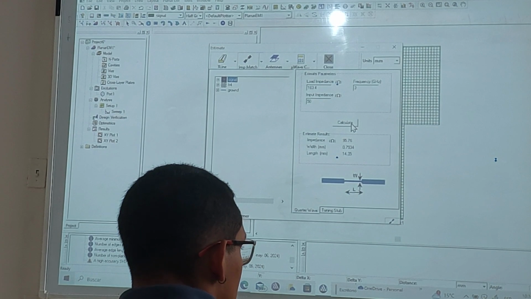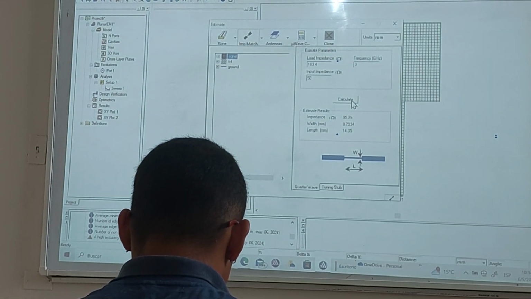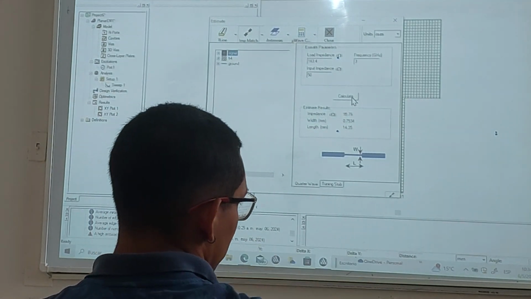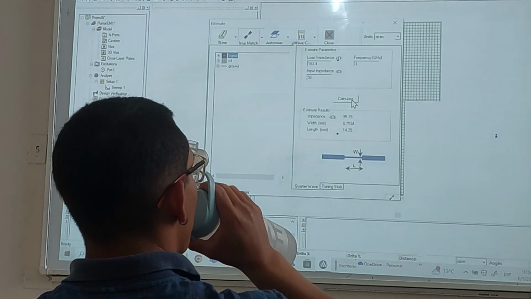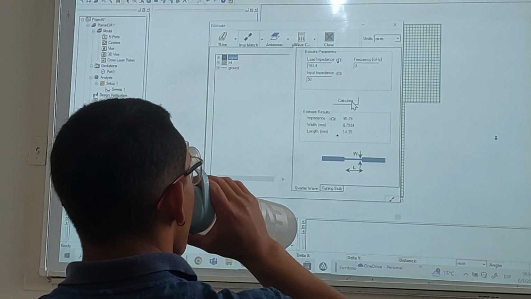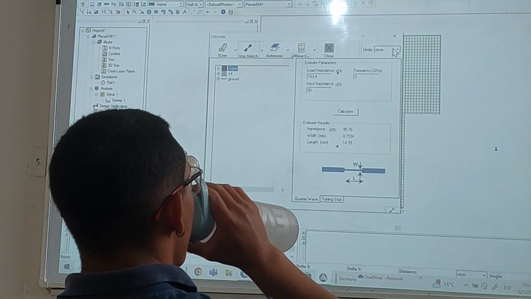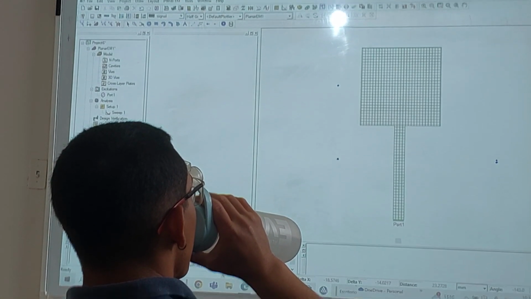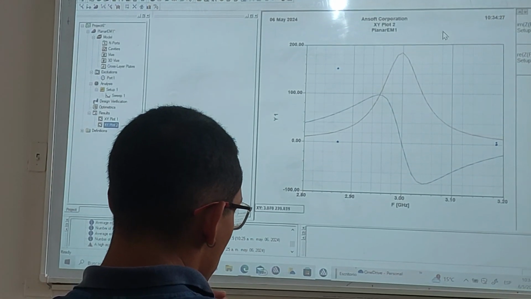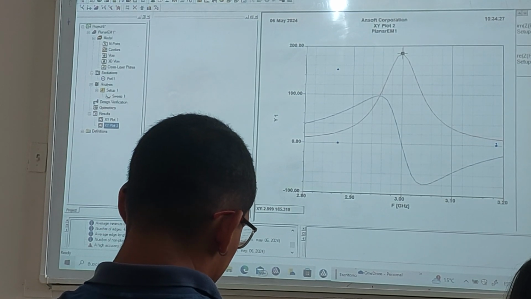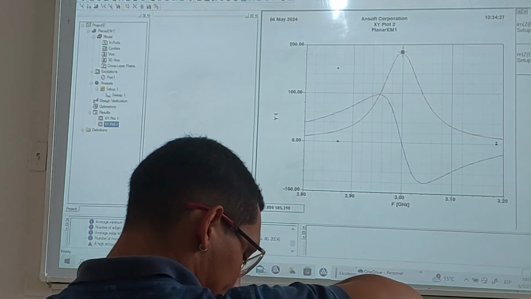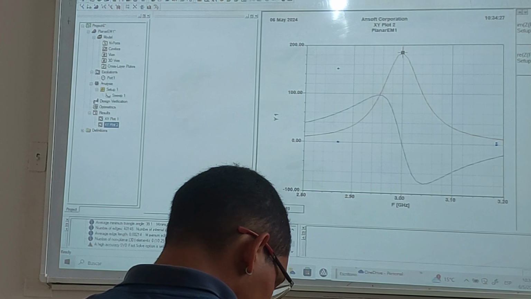And the length is 14.35 ohms. You go lock, you put the cursor, and you, okay?